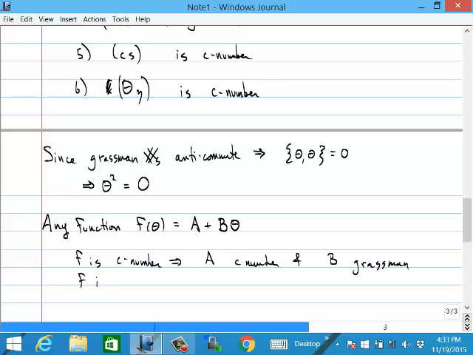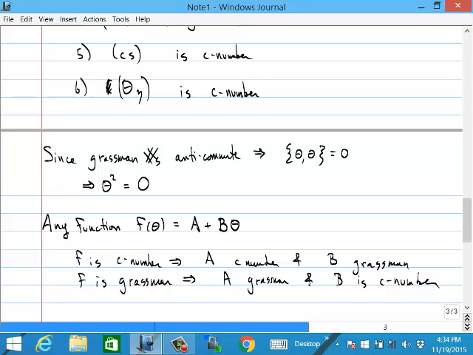Or if f is a Grassmann number, then that means that a is Grassmann, and b is a C number. In the first case, then, we need to be a little careful about the order of b and theta in this Taylor expansion of f of theta.